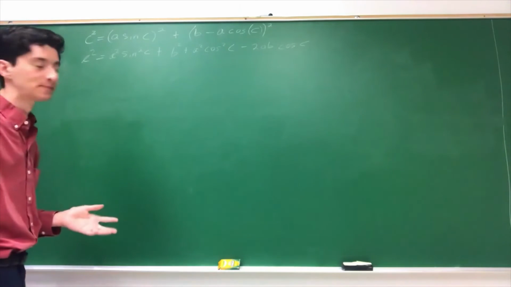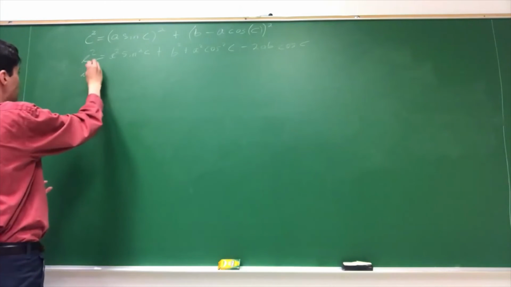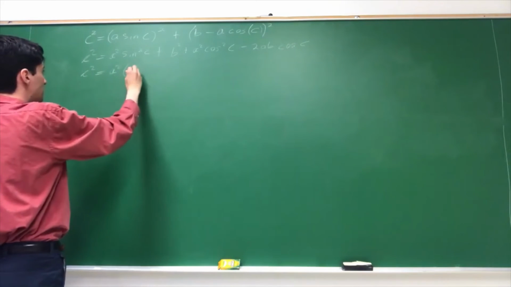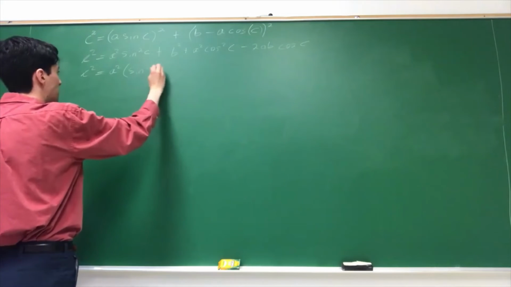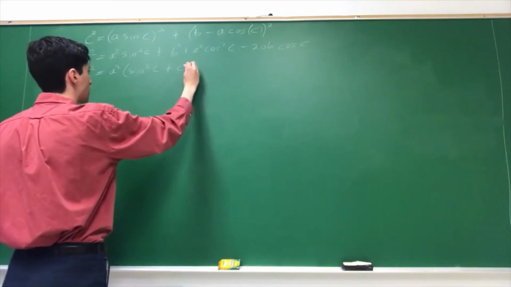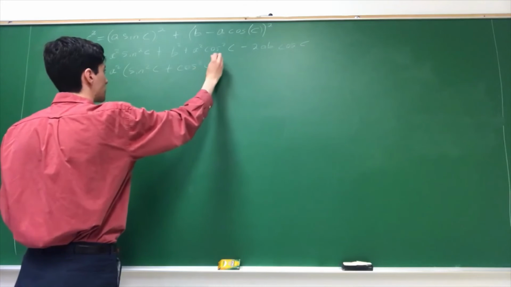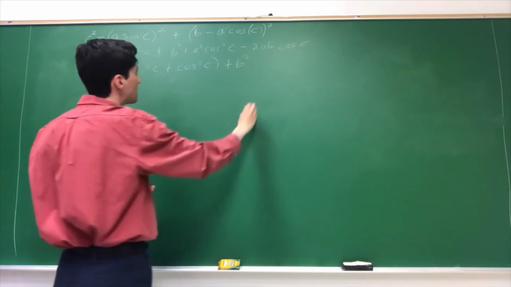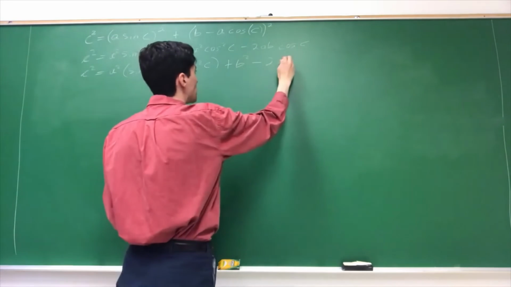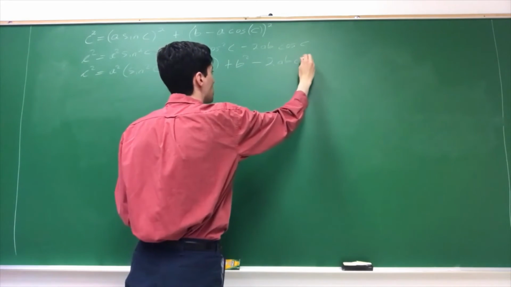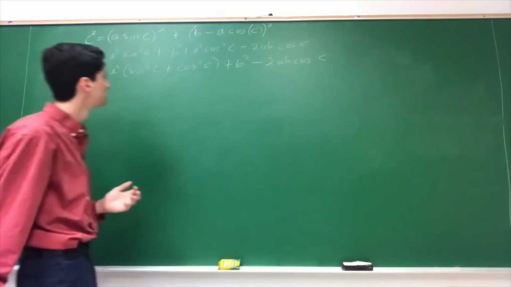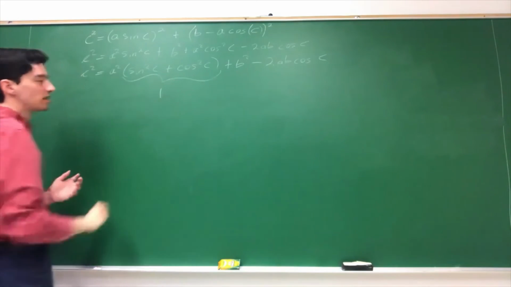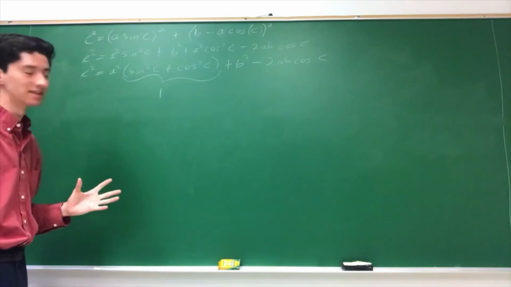So what can we do? We can simplify this even further. We say c squared is equal to a squared times sine squared C plus cosine squared C, plus b squared, minus 2ab cosine of C. Now, of course, this quantity right here is equal to 1 because of the Pythagorean identity.